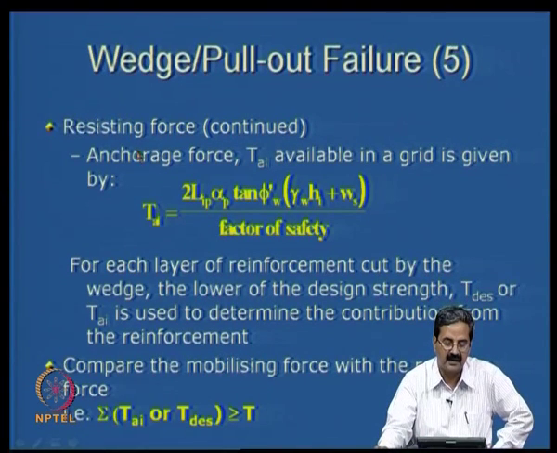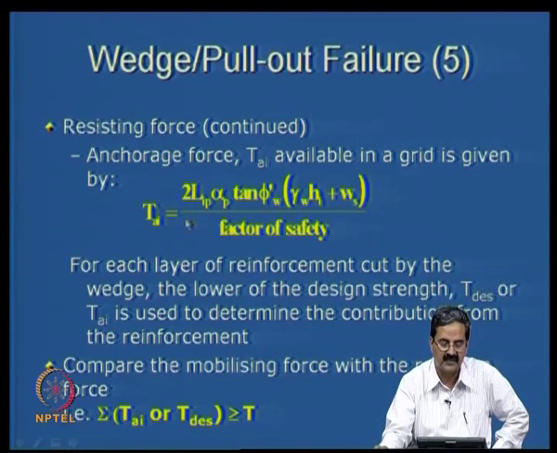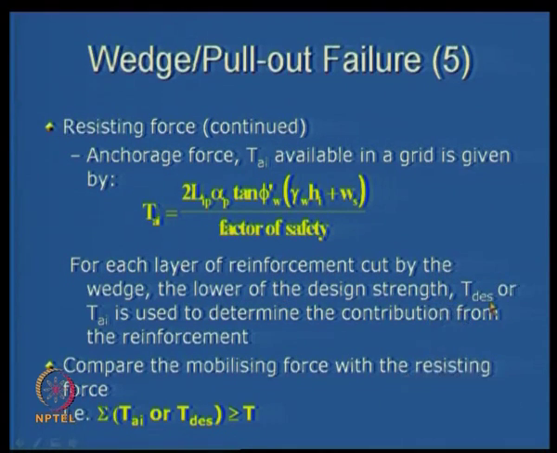Now, you have to calculate the anchorage force, which means pull out resistance. That is a function of the length of the reinforcement beyond the failure zone, and also there is a coefficient alpha, then tan phi w, and it depends on the surcharge also. For each layer of the reinforcement cut by the wedge, the lower of the design values T design or the TA is used to determine the contribution from reinforcement.